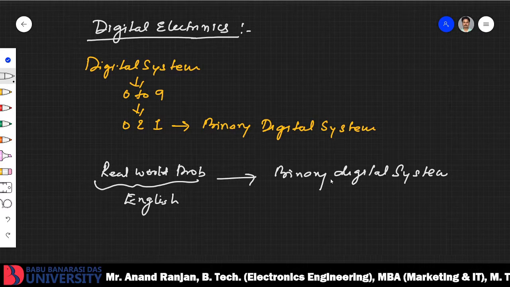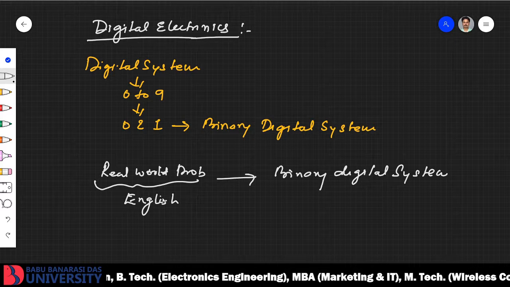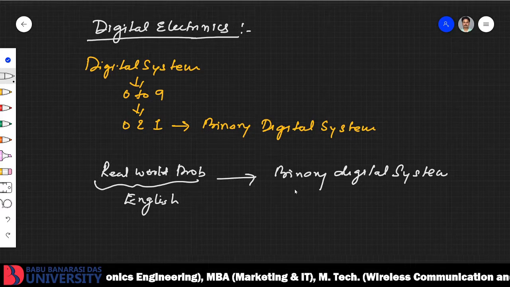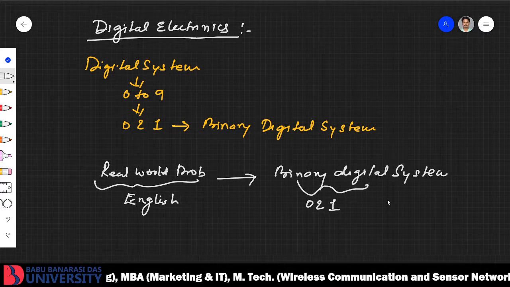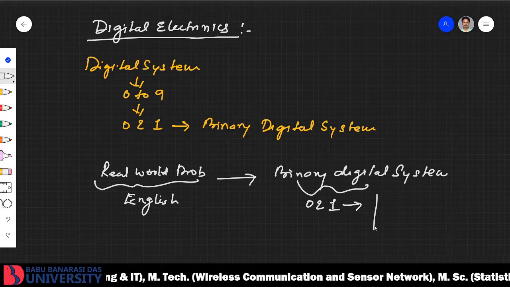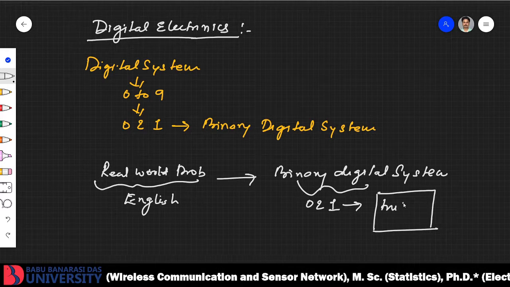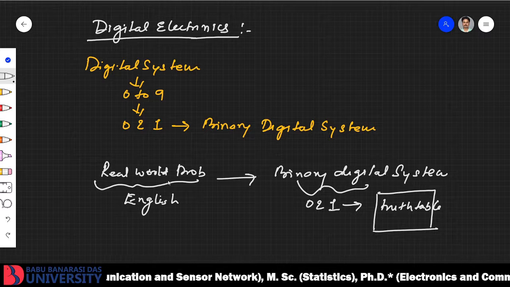For this conversion, the real world problem is in English, and the binary digital systems are in the form of 0 and 1. And for this conversion we actually require one truth table. Okay.